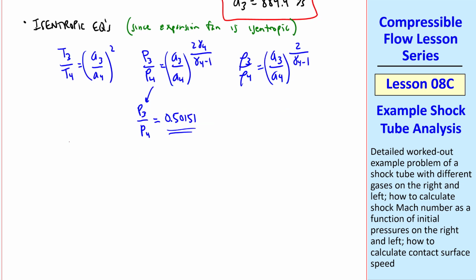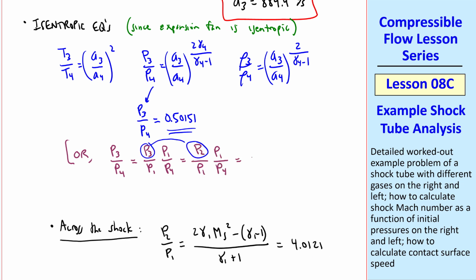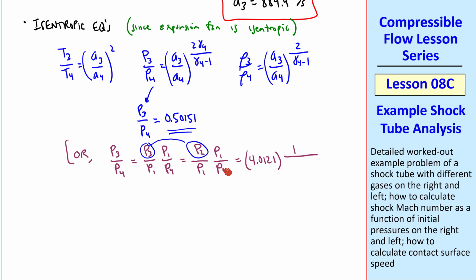0.50151. And as a side note, let's try this a different way, namely P3 over P4 is P3 over P1 times P1 over P4, but P3 is P2, and P2 over P1 across the shock was previously calculated as 4.0121, and both P4 and P1 were given, namely P4 was 8 times bigger than P1, and this gives us 0.50151, which agrees.